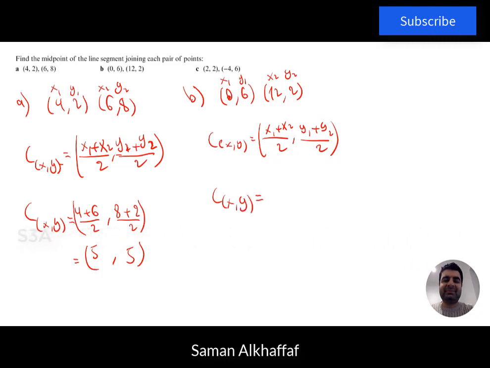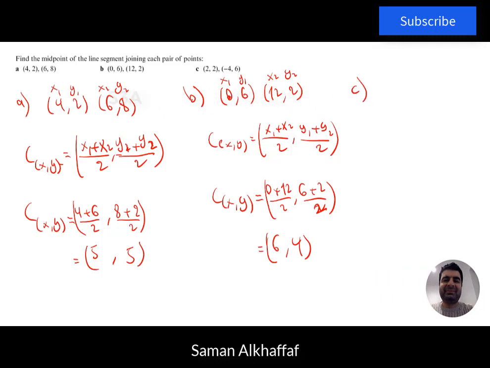It will be 0 plus 12 over 2, and we have 6 plus 2 over 2. So 12 over 2 would give us 6, and 8 over 2 would give us 4, and these are the coordinates.